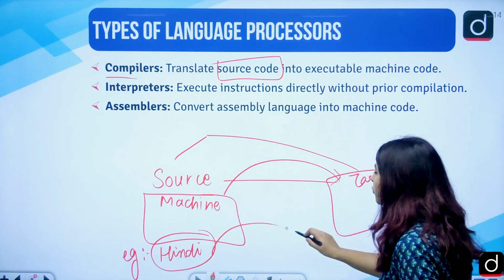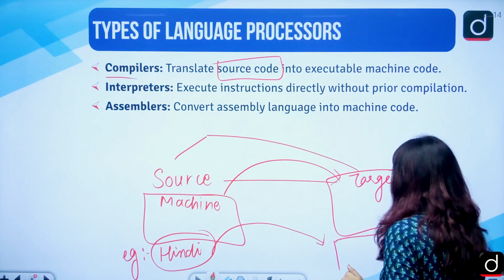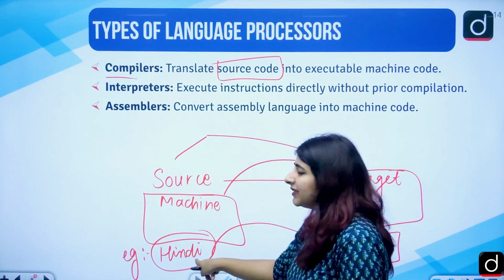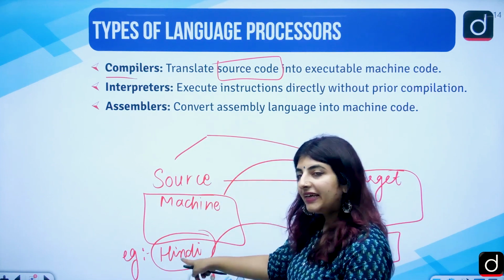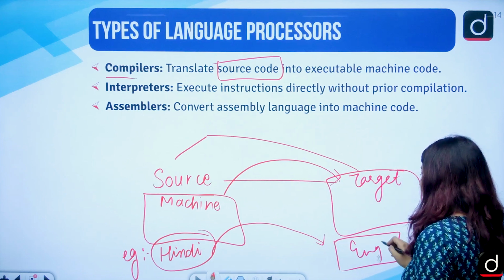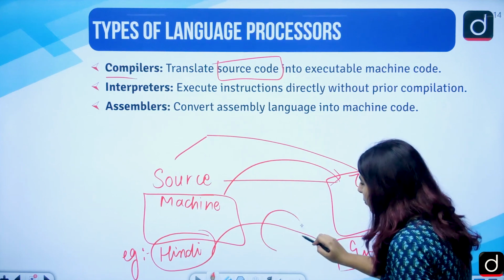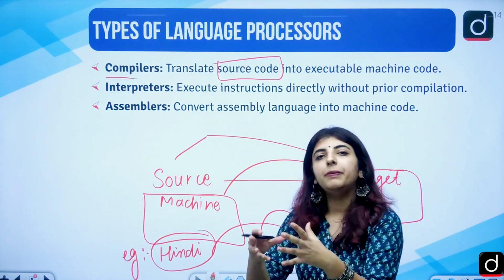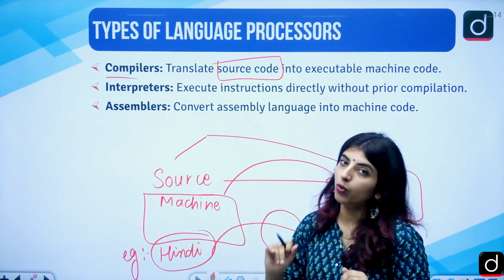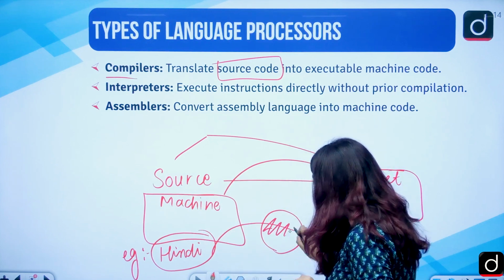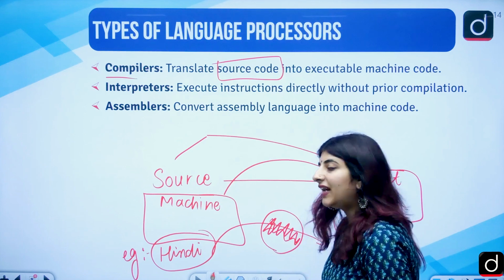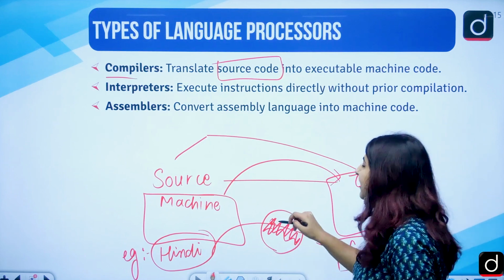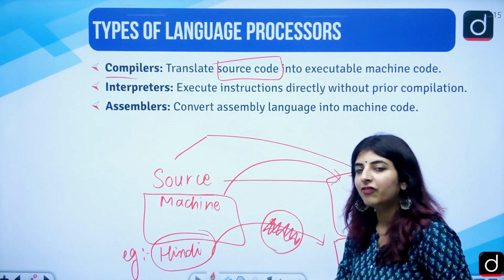But I am in a conversation with a foreigner, and I do not know English. So I want someone to translate whatever I am saying in Hindi into English. The mediator who will be translating it will be the person who knows both Hindi and English, correct? So that will act as a bridge between the person who knows Hindi only and the person who knows English only. That is the work of a language translator or a language processor.